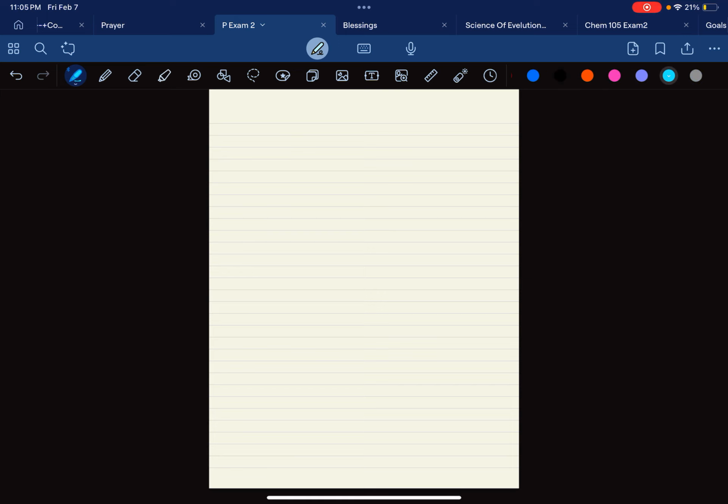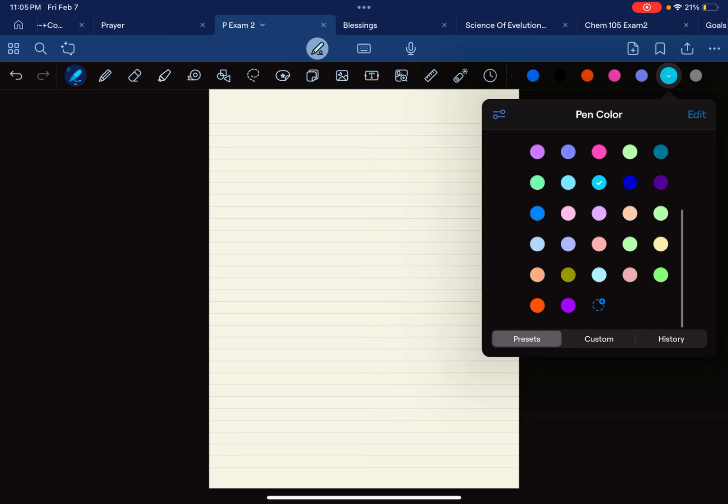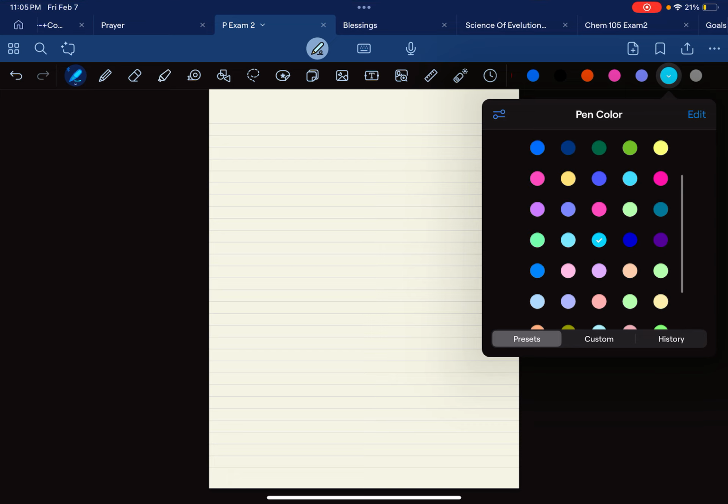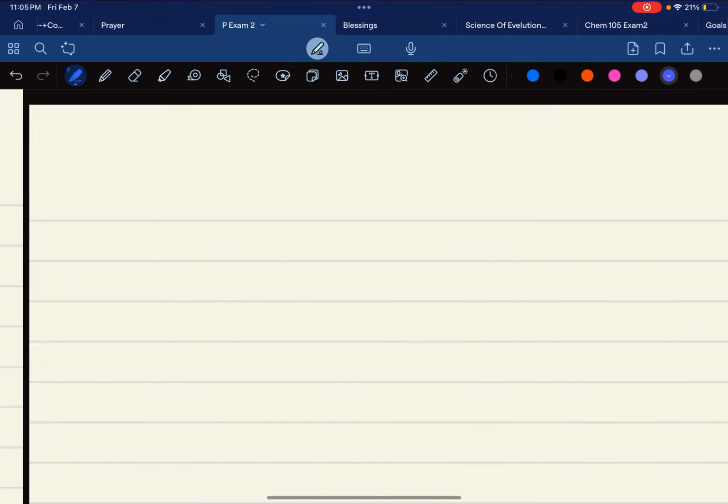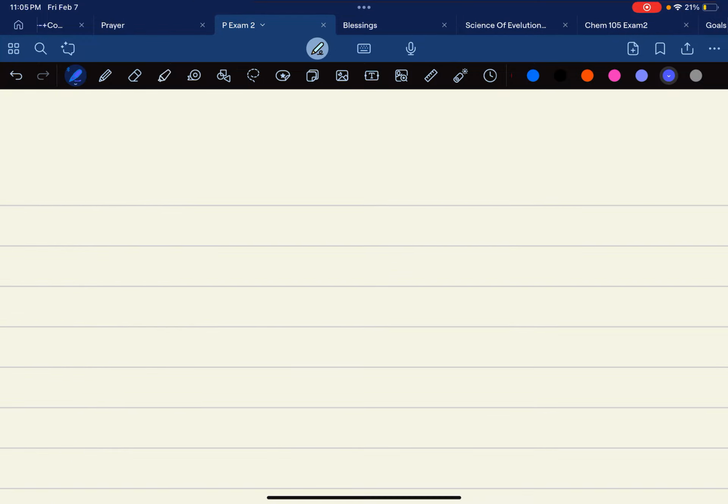There is a difference between the smooth and skeletal muscle. So first of all, the structure.